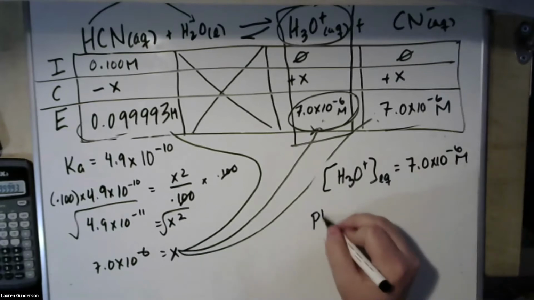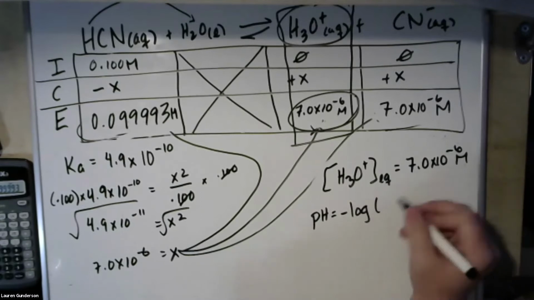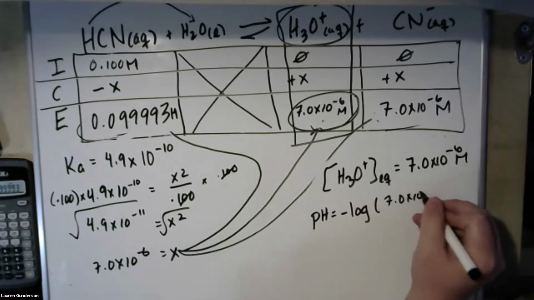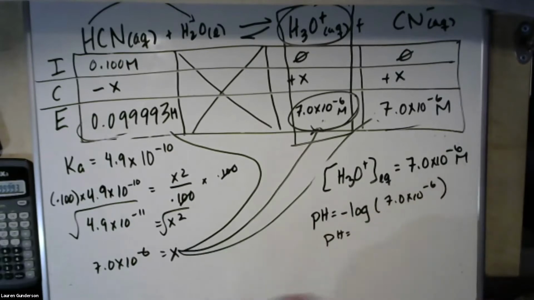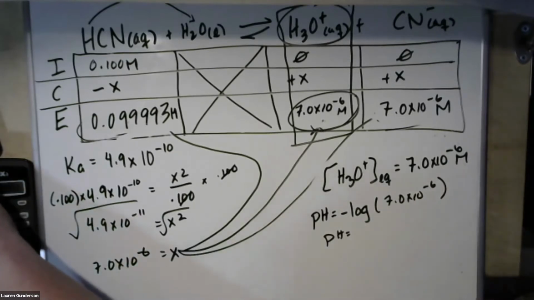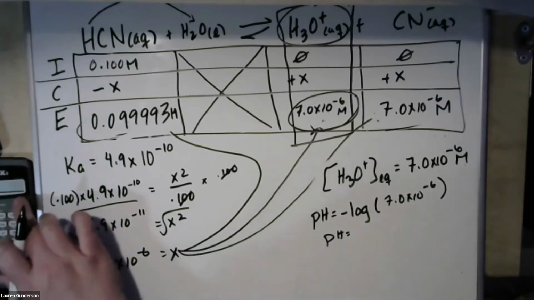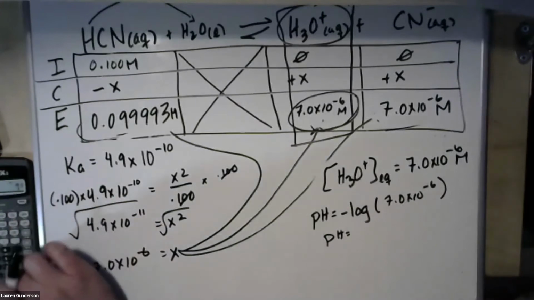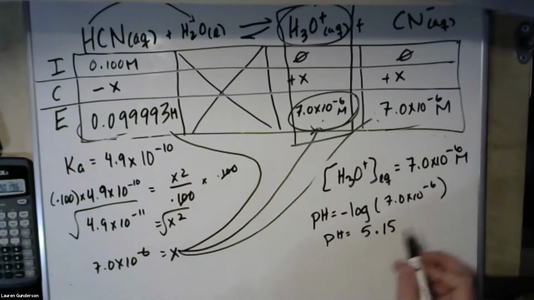Now to find the pH, we're going to do the negative log of 7 times 10 to the negative 6. And we got a pH of 5.15.